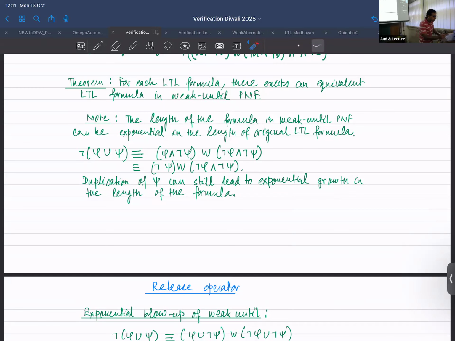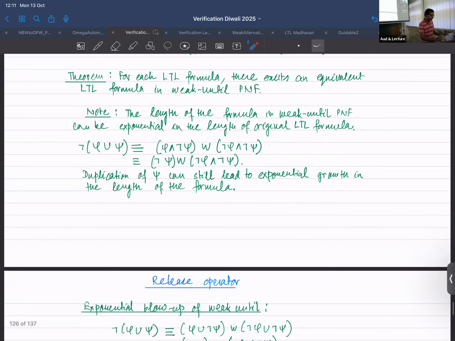I'm saying that it's like a weak until with a negation of phi. So it is still a little bit of saving here that I am removing this occurrence of phi, but it can still be exponential because I still have, let's say, the psi occurring twice. So it's just a little bit of a saving. If you're implementing this, then the resulting formula, of course, will be smaller here than here, but it's still exponential.